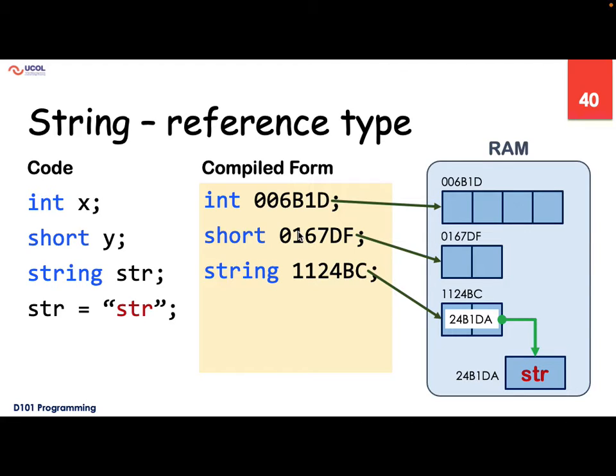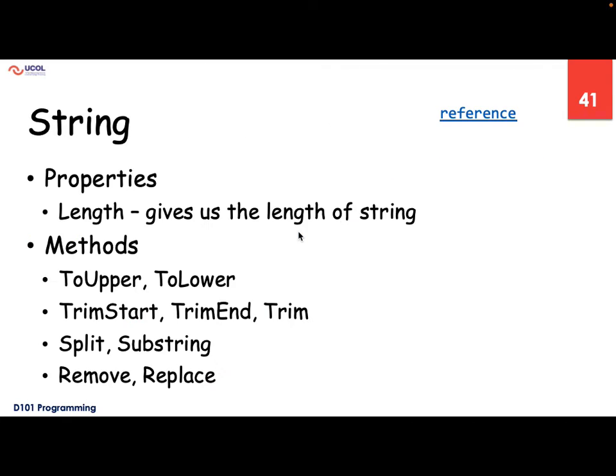When we talk about arrays, which are a collection of the same type of variables, we can discuss it more. But we will try to see how we can access individual characters within the string. So string has certain properties.